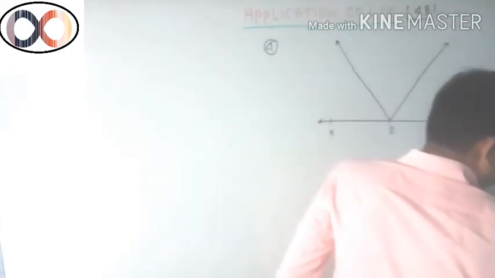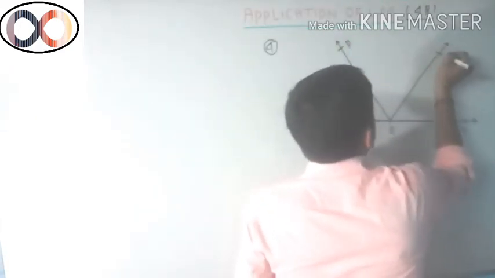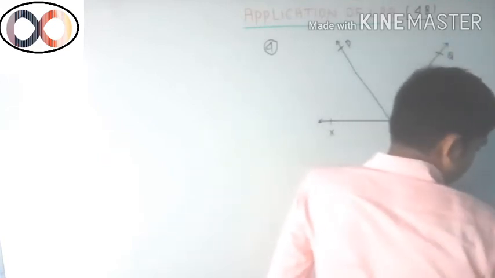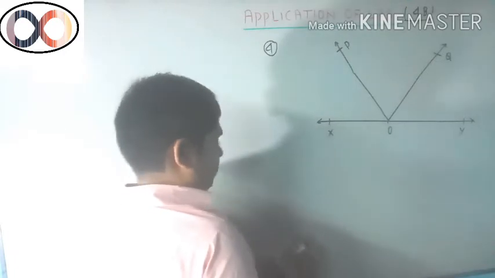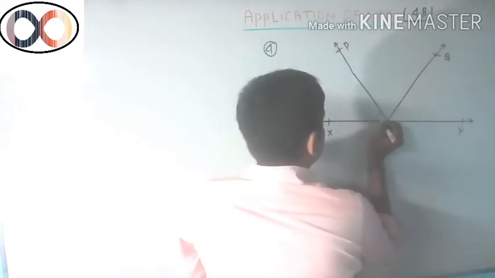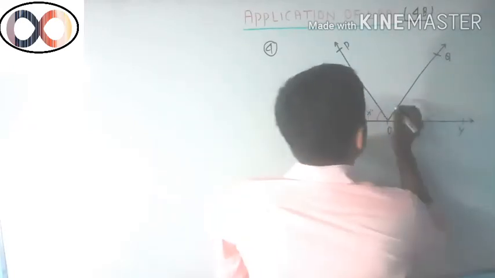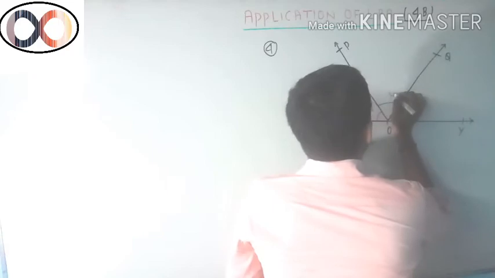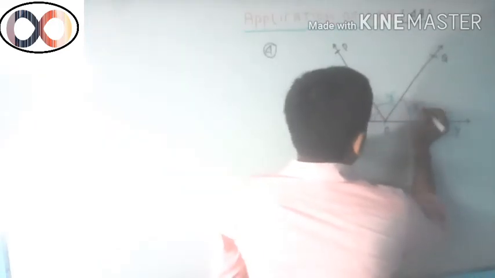Here you can see this is P, this is Q, and the angles are x degree, y degree, and z degree.